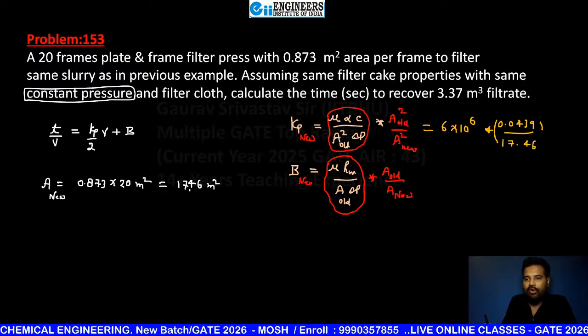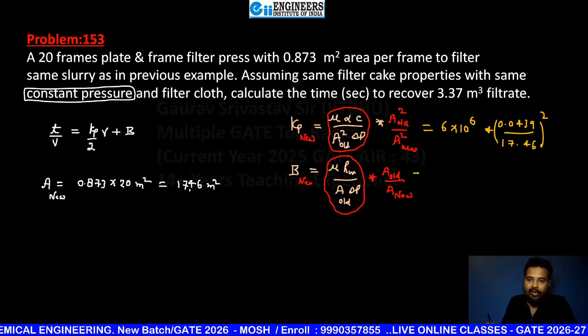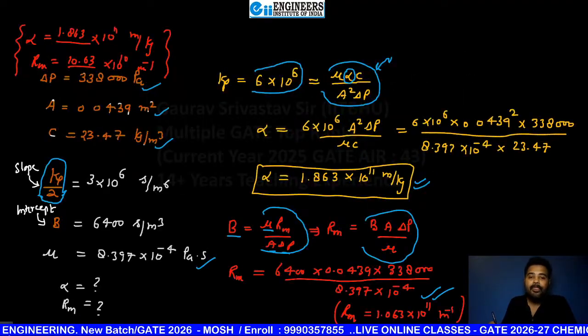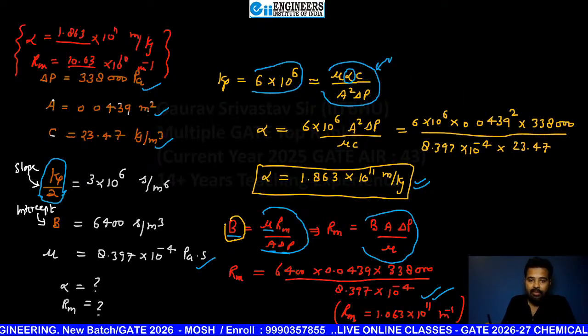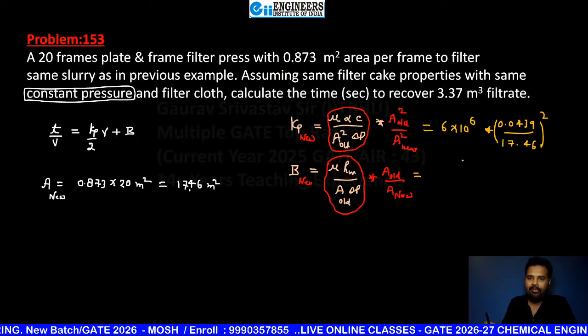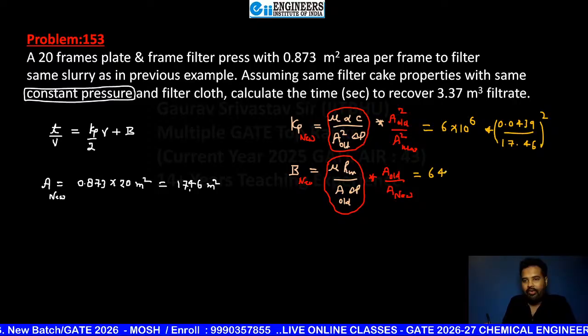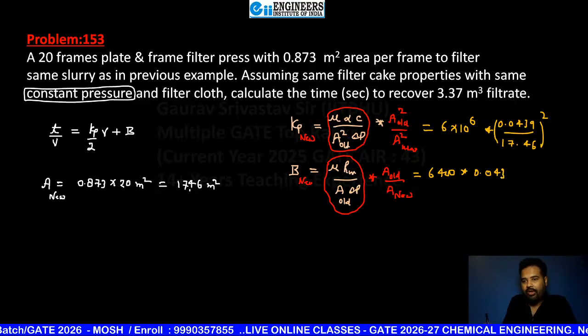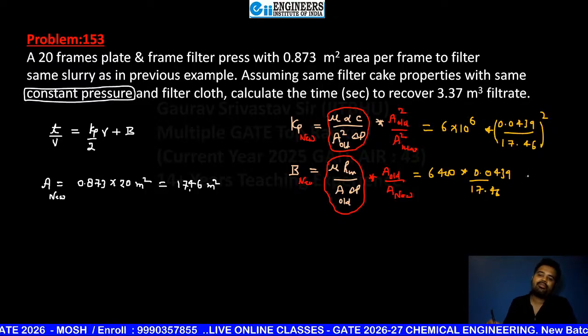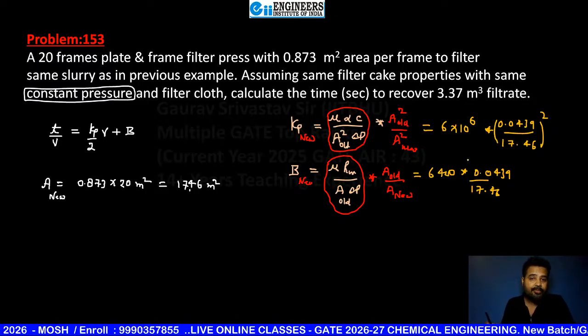So here also it's squared, and here again the intercept was given. b was given as 6400 second per meter square mks. So 6400 multiplied with a old, that is 0.0439, and whole upon 17.46. Easiest manner to solve this question.